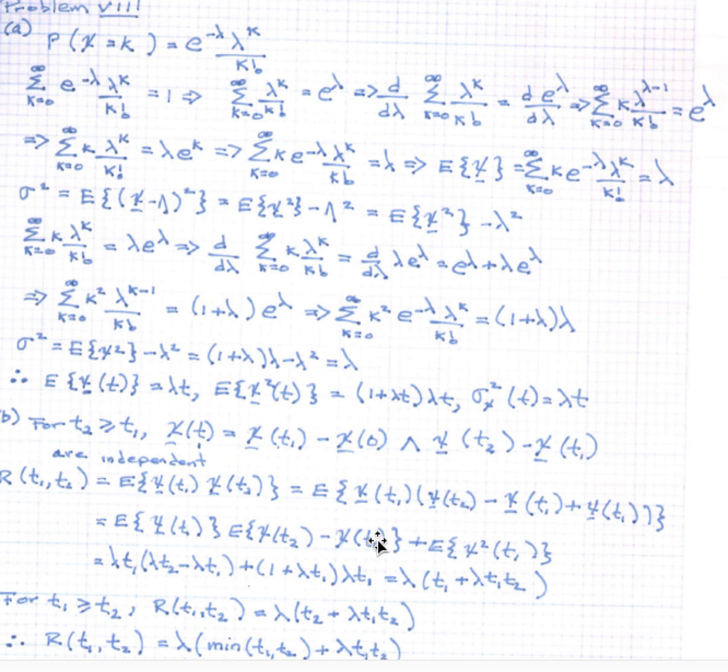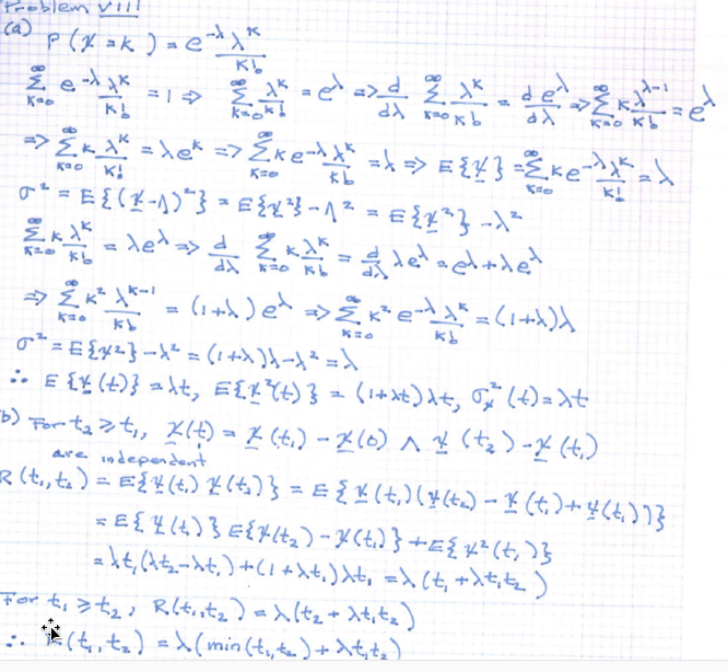And here's where we apply that separation, and we separate out the expected value of X squared of t1, because we see the difference there. And this is equal to lambda t1 times the quantity lambda t2 minus lambda t1 plus the quantity 1 plus lambda t1 times lambda t1, equal to lambda t1 plus lambda squared t1 t2.